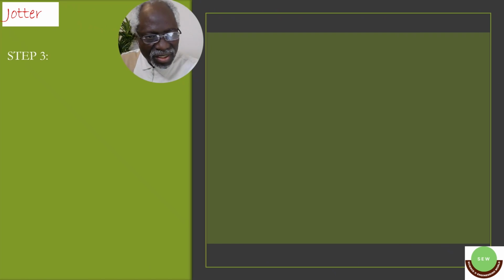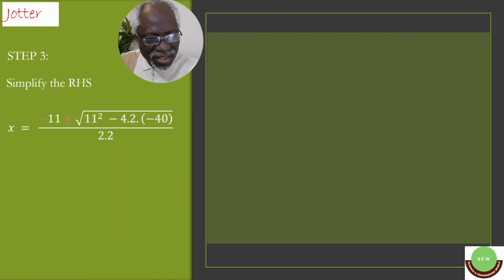In step 3, we want to simplify the right hand side, which is this side. Here we have minus 11, which will remain minus 11, but 11 squared is going to give us 11 times 11, which is 121.